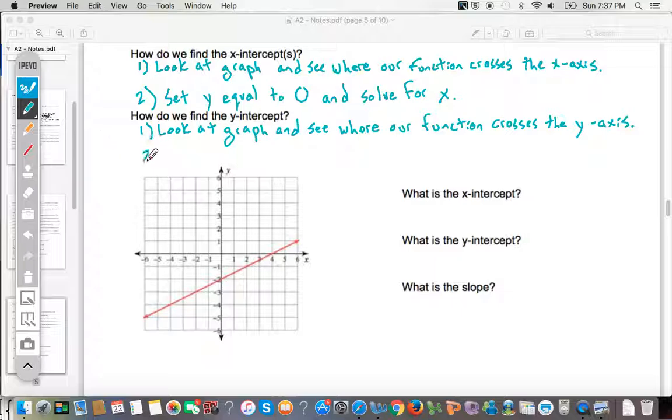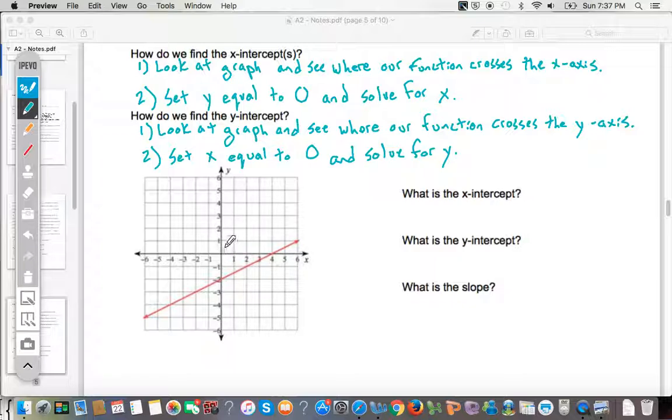Or what we can do, we can set x equal to 0 and solve for y. So again, I know if I am trying to find where our function, or our line in this case, crosses the y-axis, okay, I know it's going to cross the y-axis when x equals 0.